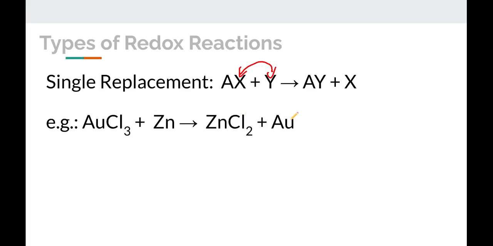So the chlorine is switching partners. It's going from being with the gold to being with the zinc on the other side of the reaction. That's the replacement. This is redox because zinc is 0 oxidation number and gold is 0, but they're both in compounds on their opposite sides, and so they're changing their oxidation state.